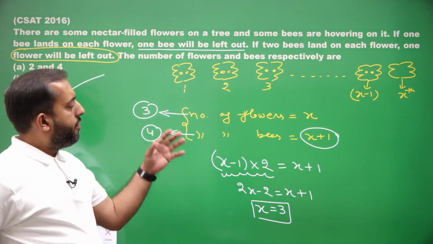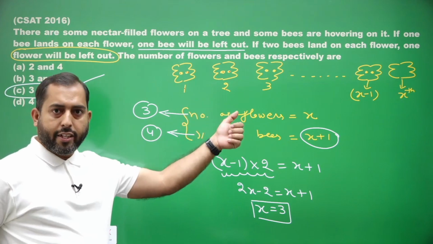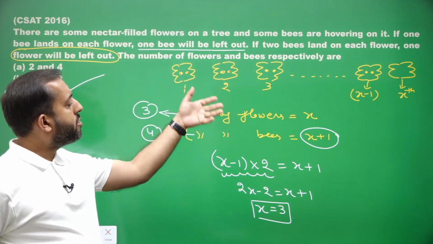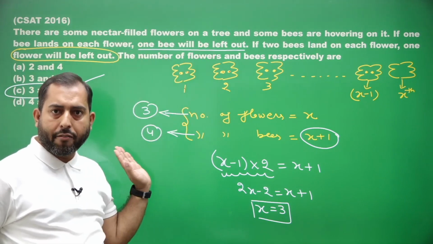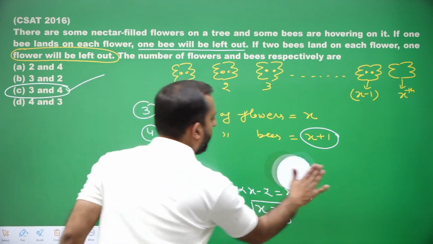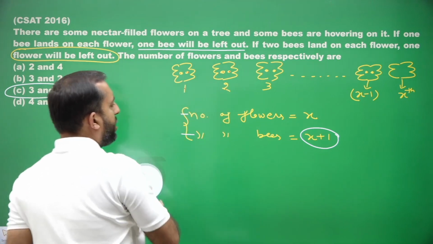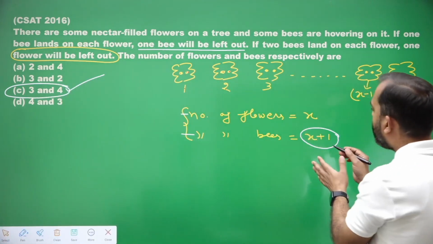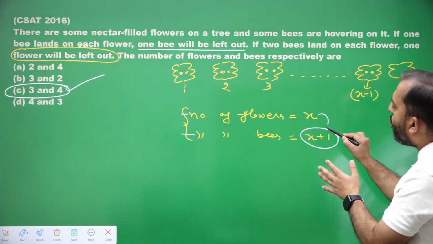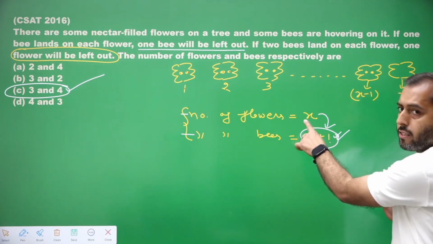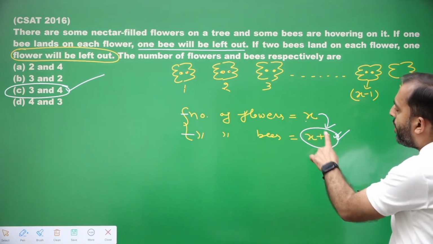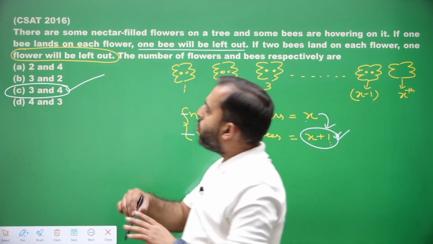Now, there is one more way of dealing with it. We could have solved this question just by paying attention to the first statement and the options given. From the very first statement, we came to know that the number of bees is one more than the number of flowers.